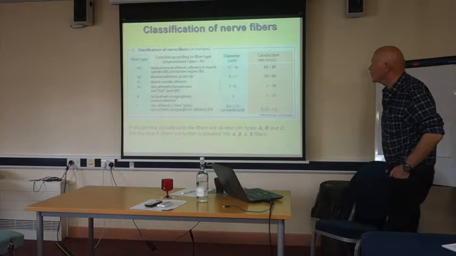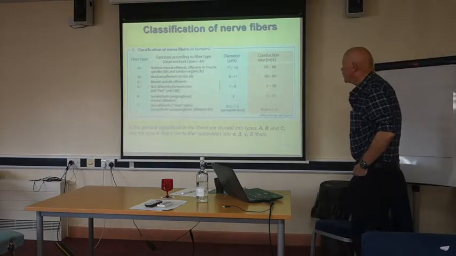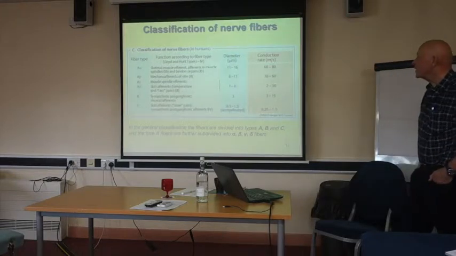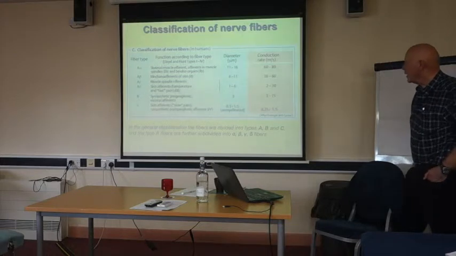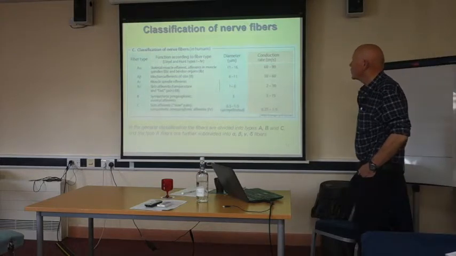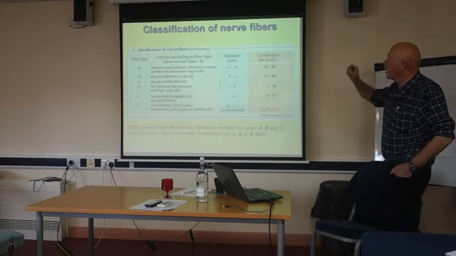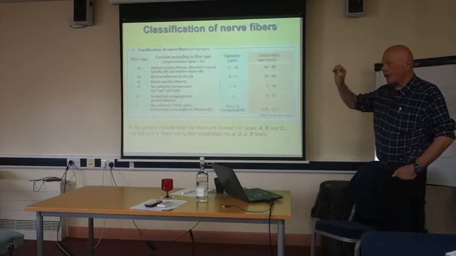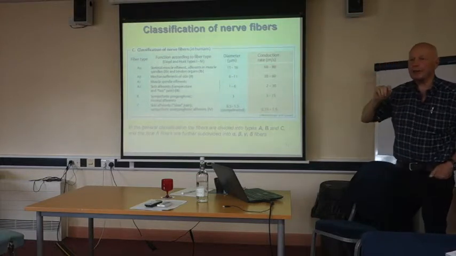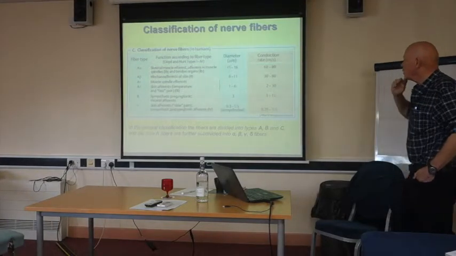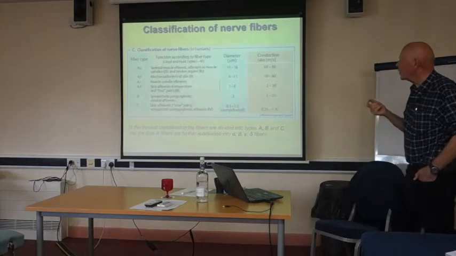Not all nerve fibres are the same. There's effectively three types, A, B and C, and the type A ones are further subdivided into alpha, beta, gamma and delta. And all these different types are different diameter, and they carry information at different conduction speeds. Some of them are myelinated and some of them aren't.